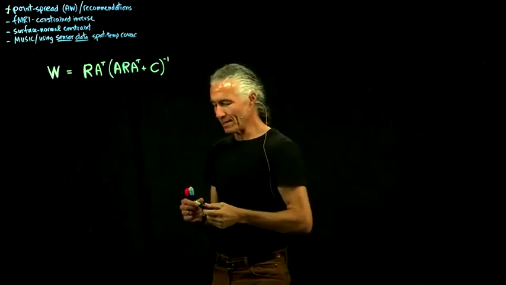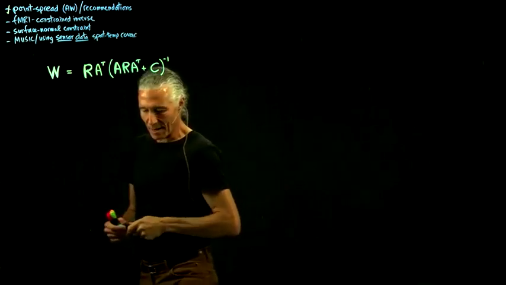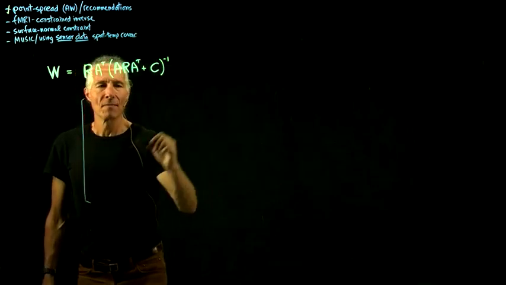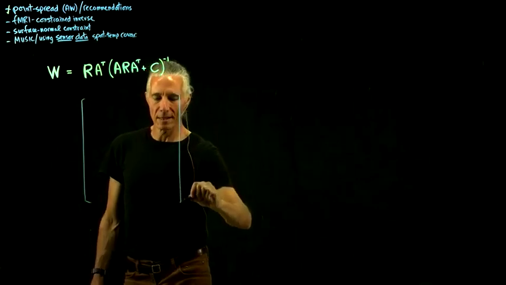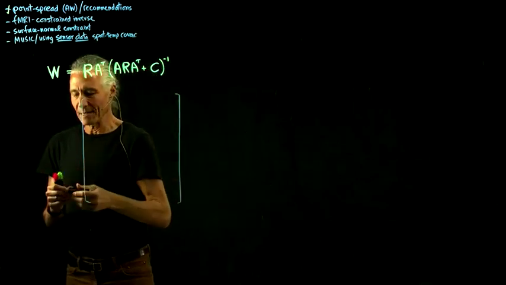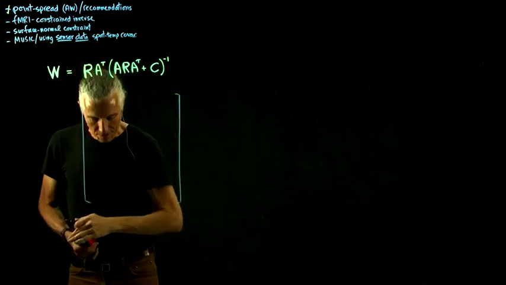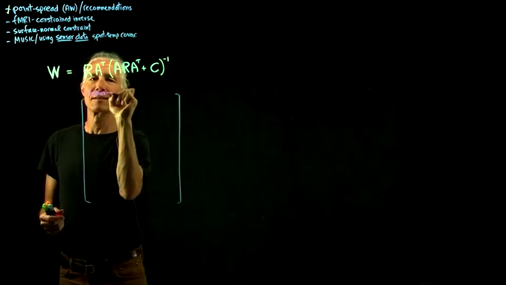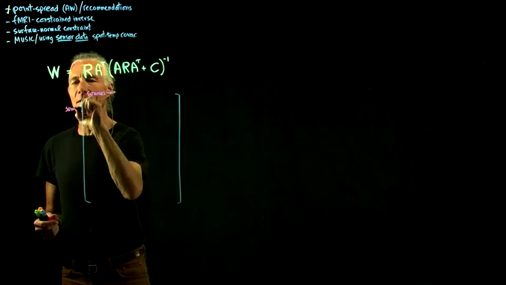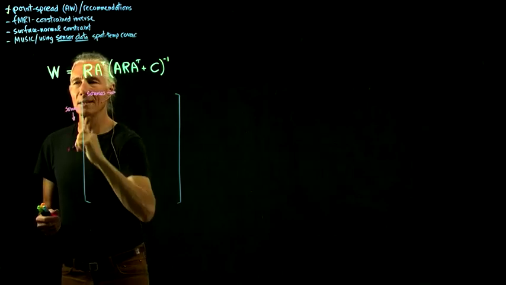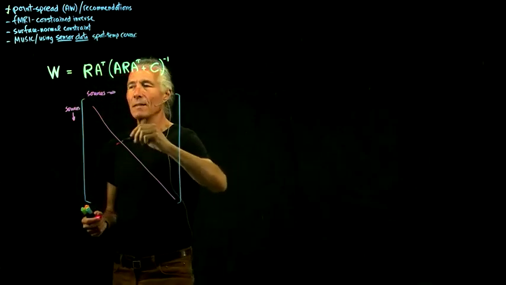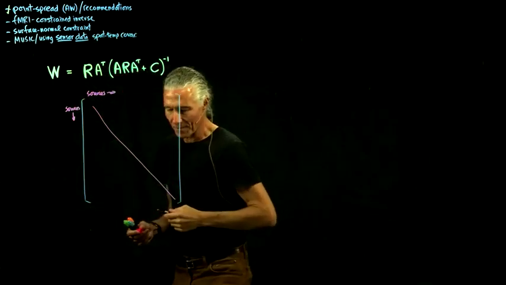So that's how you get that W matrix. But one of the matrices in here was this R matrix, and it's a big square matrix, sources by sources. And what is it? Down the diagonal, it has the variance of each source.